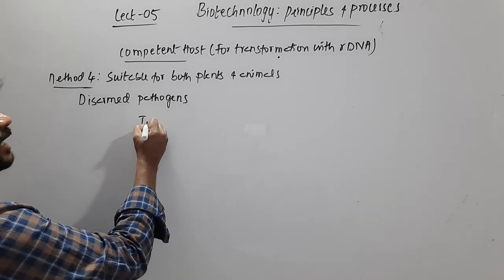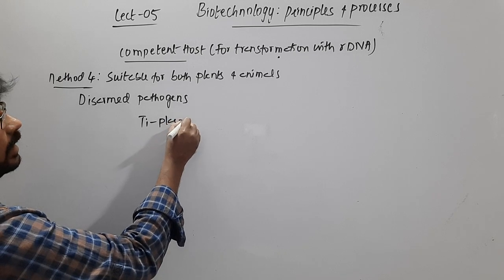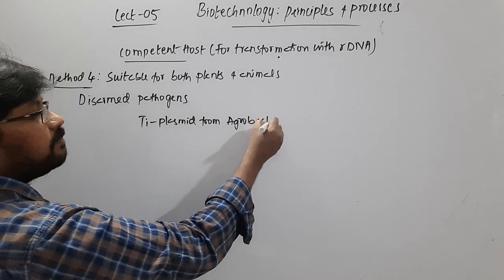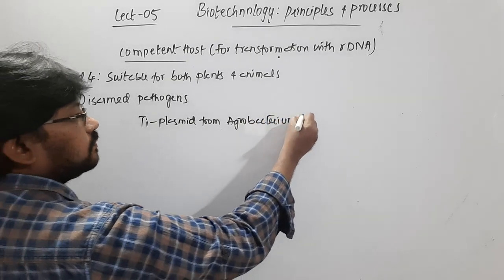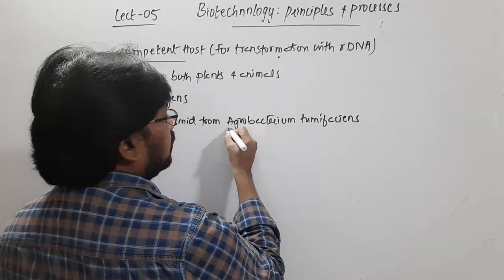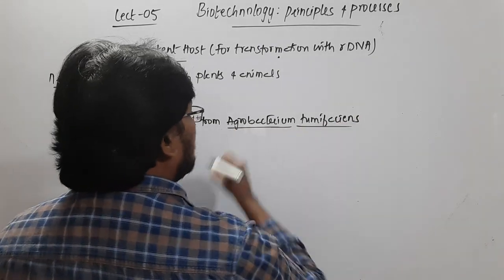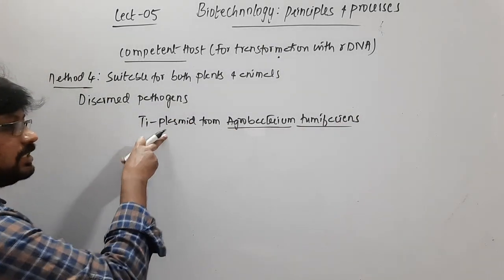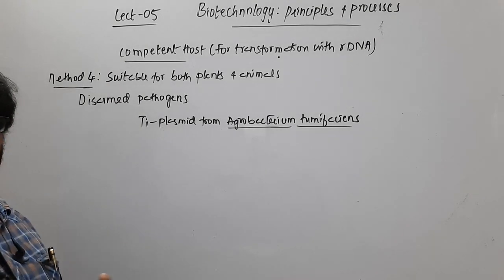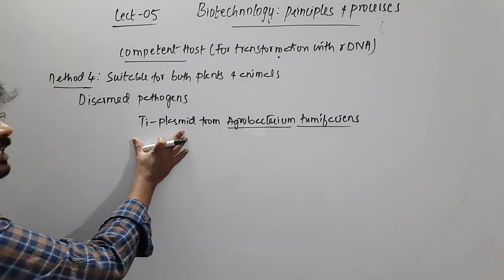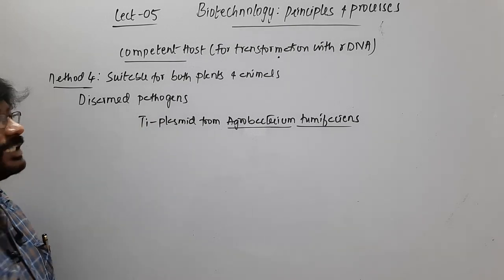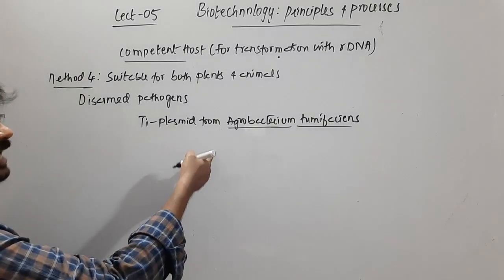So the Ti plasmid from Agrobacterium tumefaciens. We have disarmed it, we have removed the tDNA part of this Ti plasmid and allowed it to enter the plant cells.